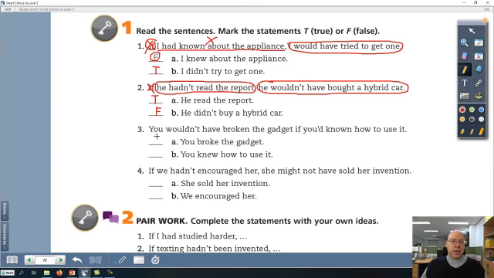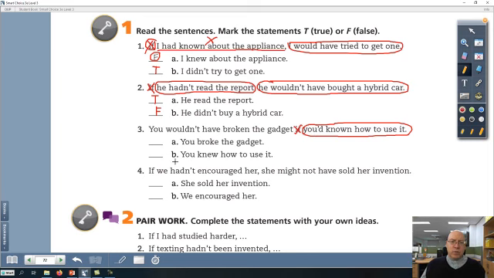Okay, jump to number 3. You wouldn't have broken the gadget if you'd known how to use it. Okay, we'll see that the if clause is at the end of the sentence this time. So let's take this and throw it away. You'd known how to use it. Okay, so here is an affirmative, so think of the negative.